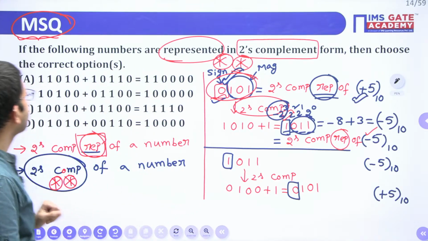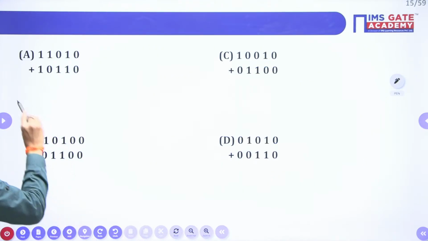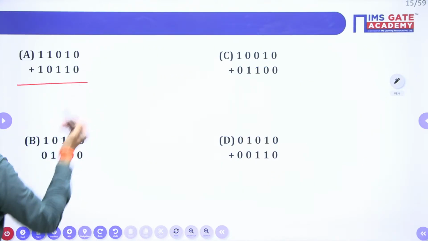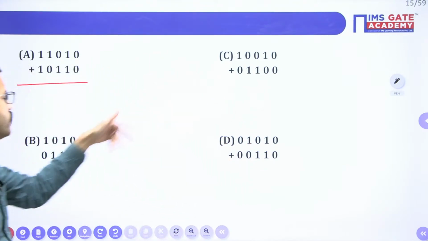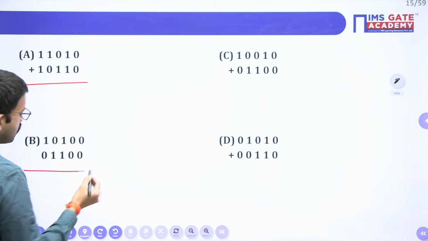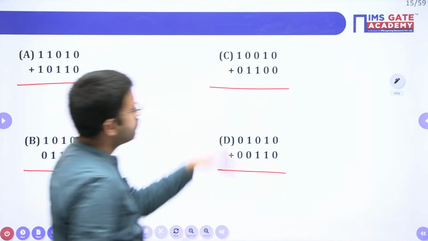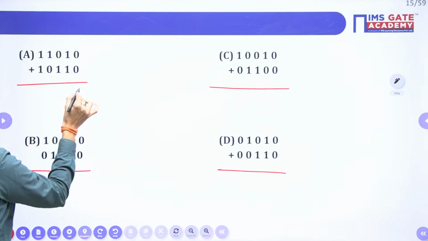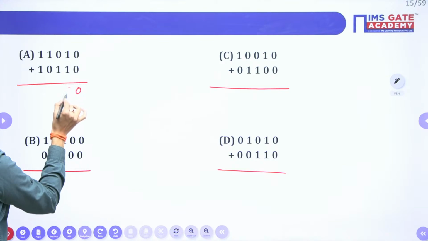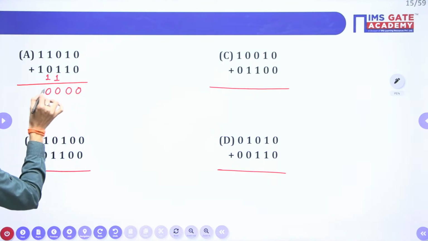Right. Now let us see option by option. For the time being, just perform the corresponding addition by considering all these numbers as unsigned. Forget about 2's complement. Just perform it by considering all the numbers as binary. 0 plus 0 is 0, 1 plus 1 is 2, sum is 0, carry is 1. Once again, sum is 0, carry is 1, sum is 0, carry is 1.